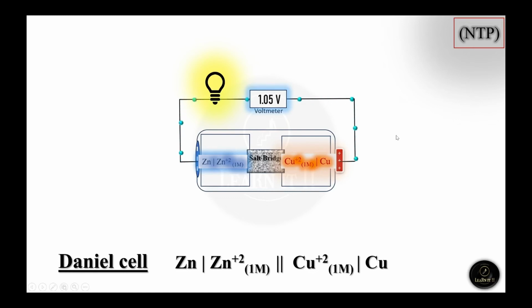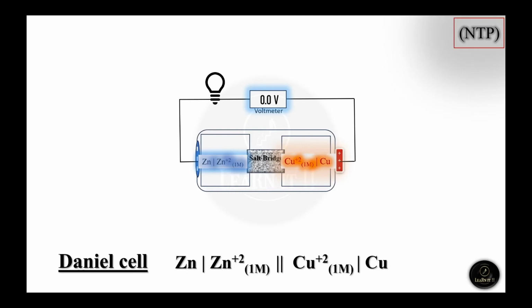So the cell potential starts to decrease as time increases and the bulb starts to dim. After a certain time, the bulb stops glowing. The electrons also stop flowing.